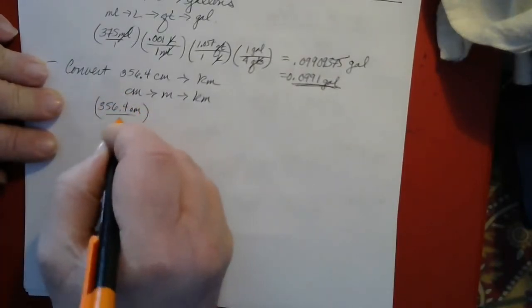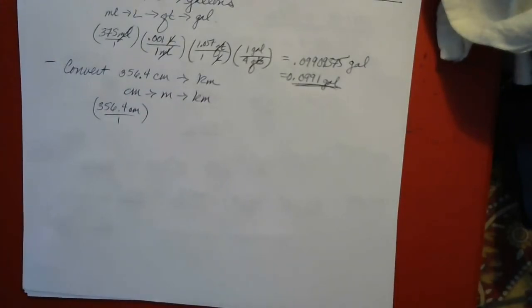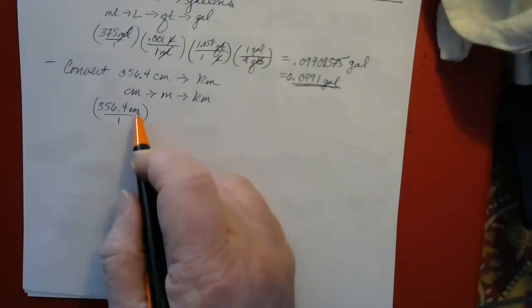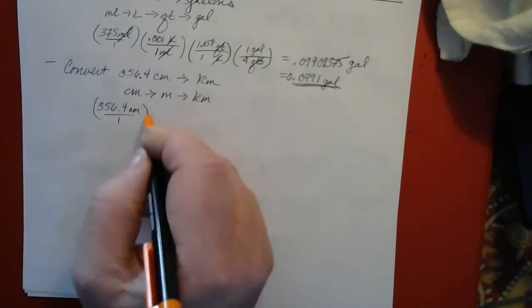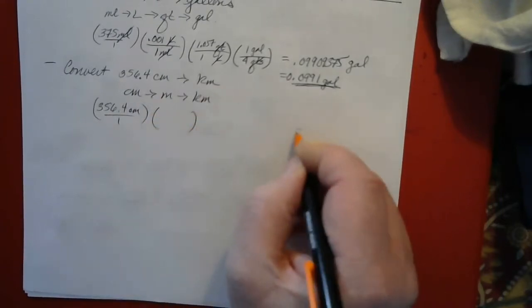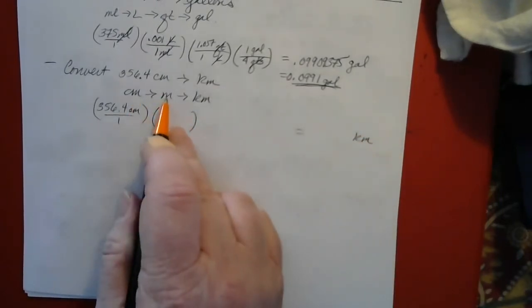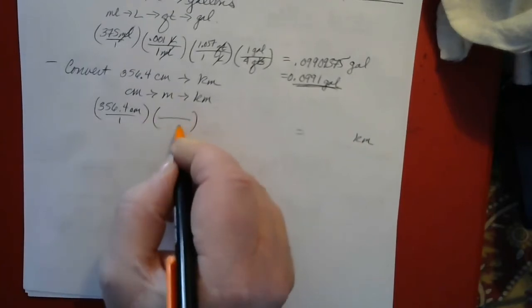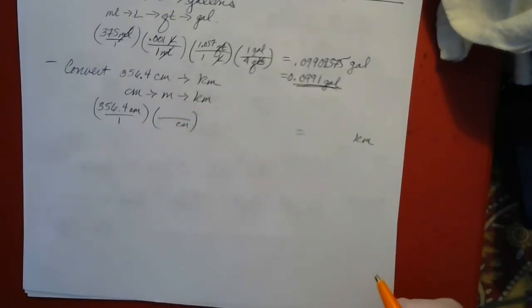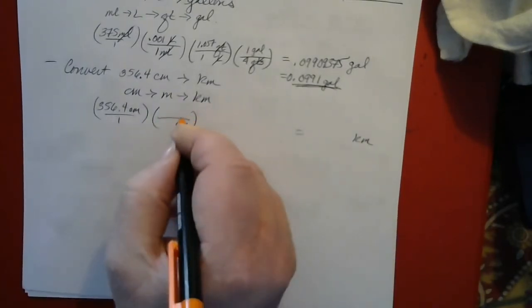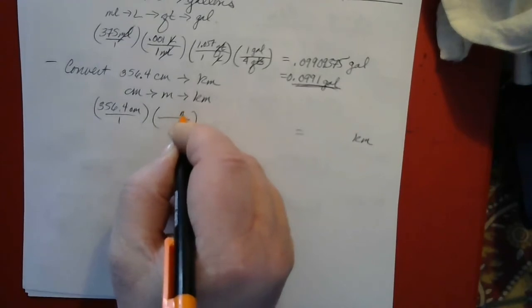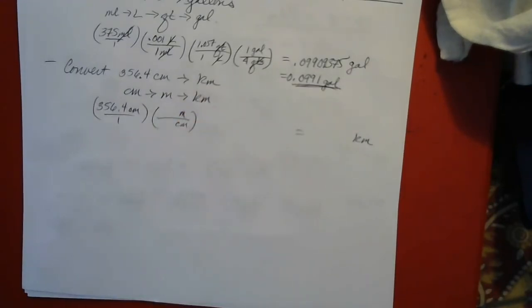Okay, so we have 356.4 centimeters, and you can think of that as being in the numerator with just a 1 on the bottom. And in the first step, we need to go to meters. So that means we want centimeters to be in the denominator, and we want meters to be in the numerator.